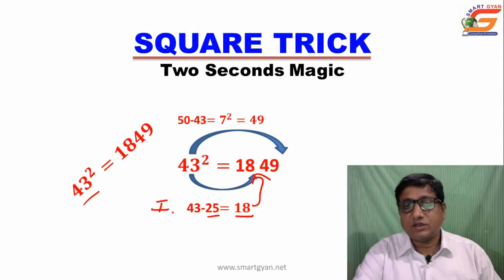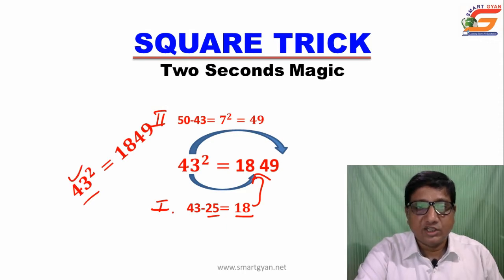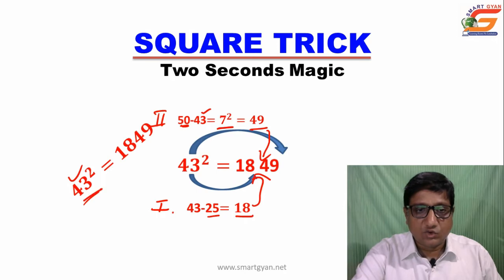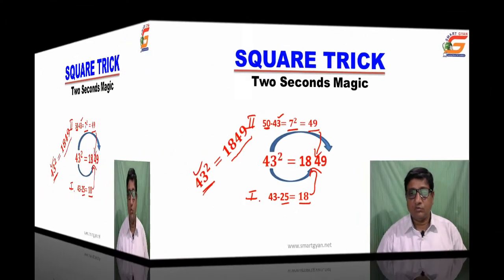In step 2, you subtract the given number 43 from 50, and the square of the difference is your right part. The difference is 7, and 7 square, 49, is your right part. So your final figure is 1849. That is, 43 square is 1849.